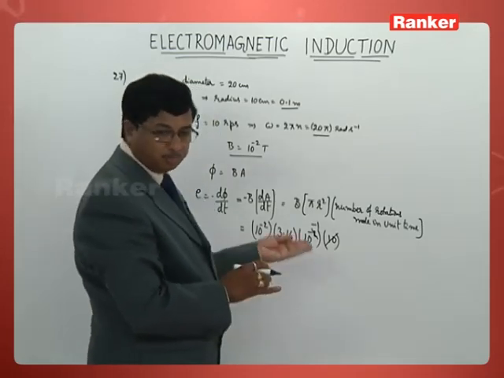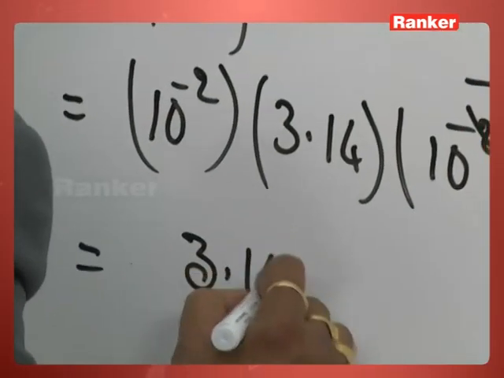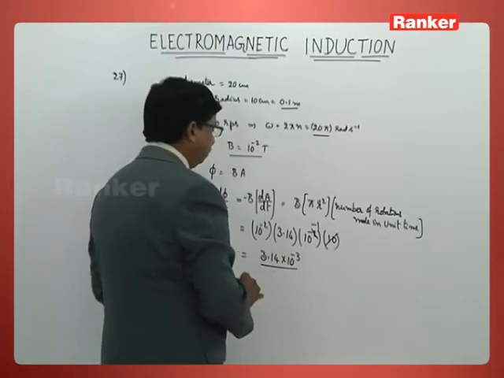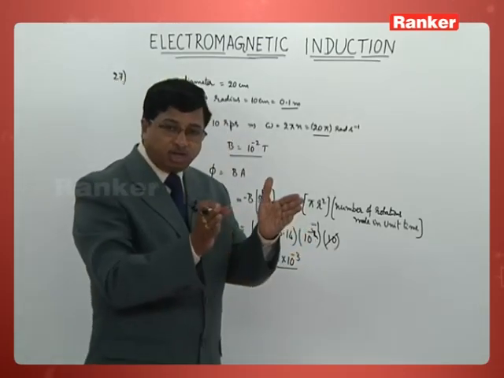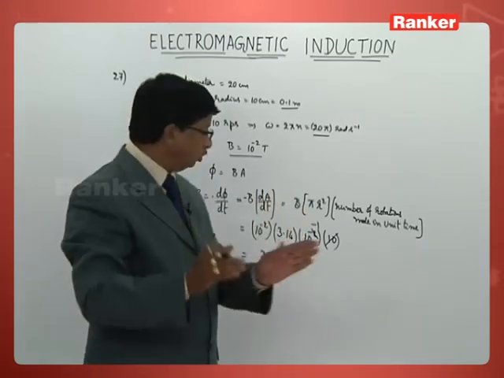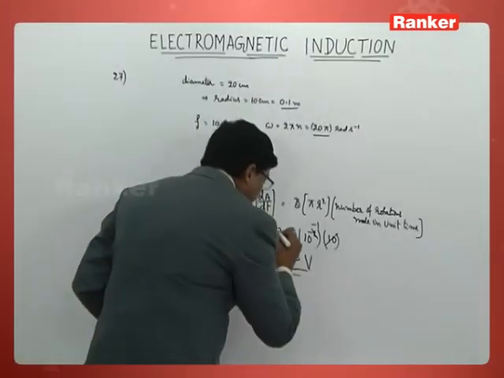So what are the options he has given? If you compare, you will be getting 3.14 into 10 power minus 3. What are the units? This is the potential difference between the center and the rim. So you can understand that will now be in volt as such.